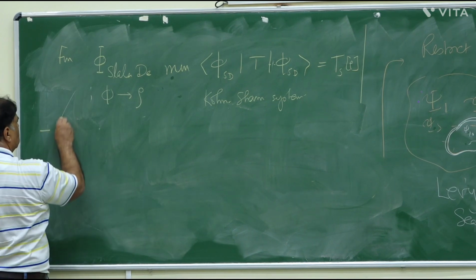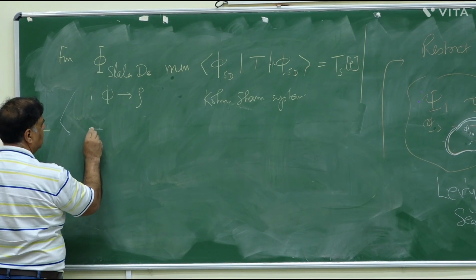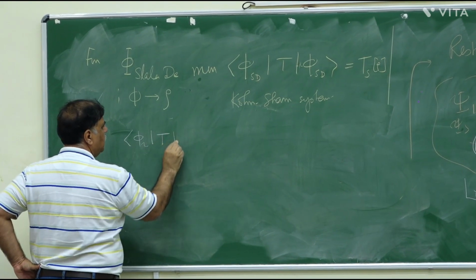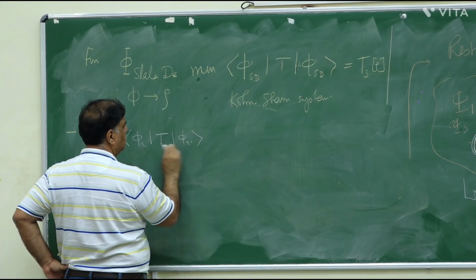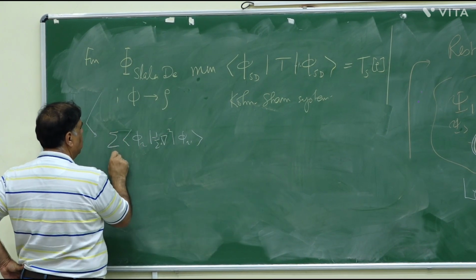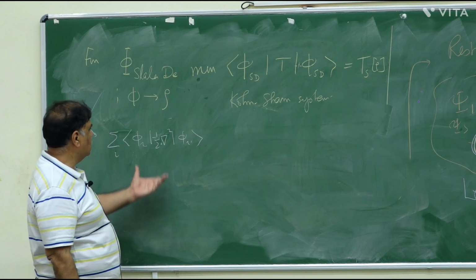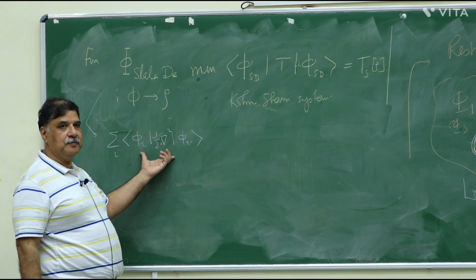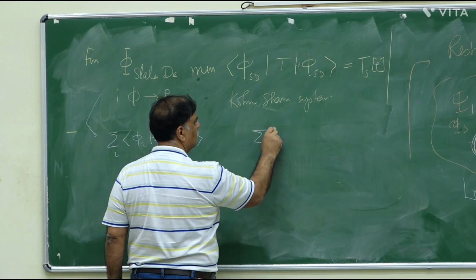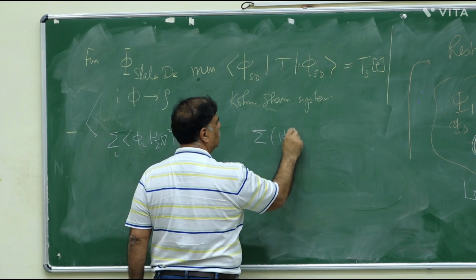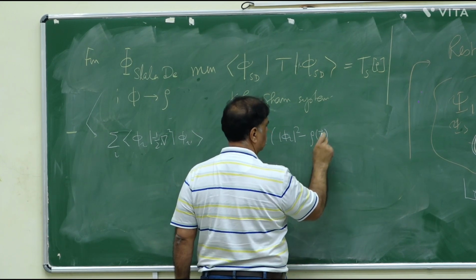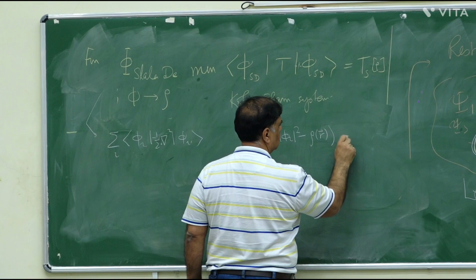You can also say, I'm minimizing the sum over i of phi i, T phi i, and the T operator happens to be minus 1/2 del square summed over i. This is what I'm minimizing for a Kohn-Sham system, such that the summation of phi i square minus rho r, which is fixed, is 0.